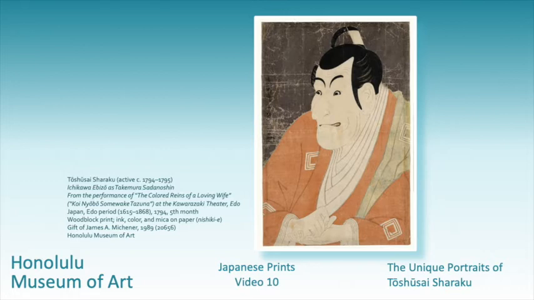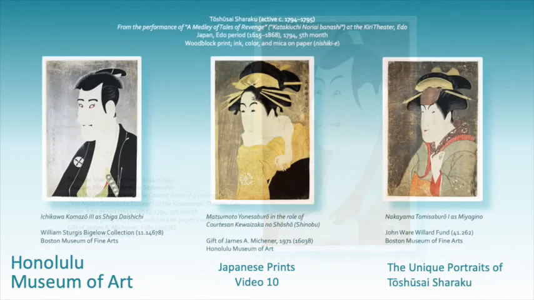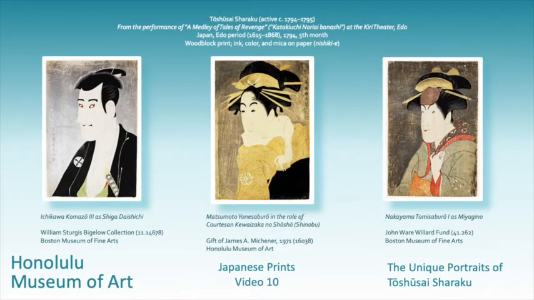Sharaku produced prints for 4 consecutive kabuki seasons in Edo, and each batch of prints defines a distinct stylistic phase. The first, a set of okubie bust portraits, illustrate 3 plays that premiered in May 1794.